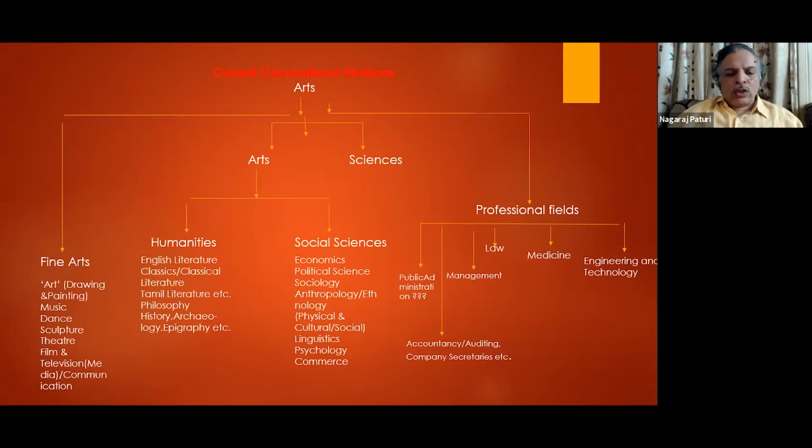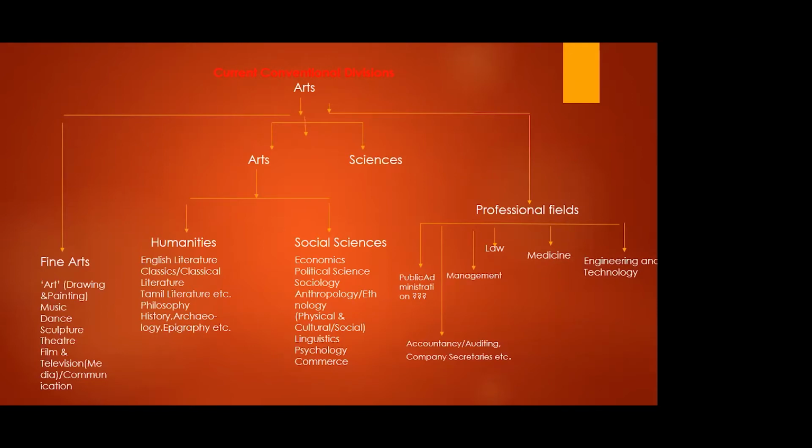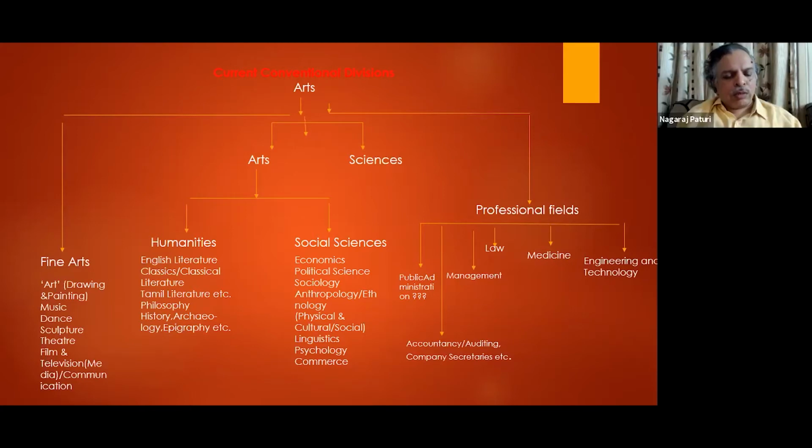If you go to the English literature department, most of the English literature departments, before the whole cultural studies movement started overwhelming them all over the world, when proper literature studies used to take place, the majority of the literature study was in the form of the study of literary criticism.